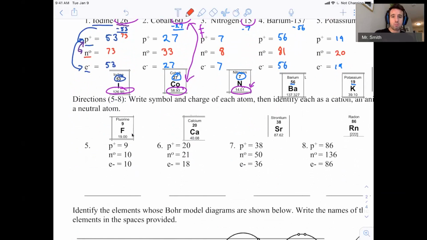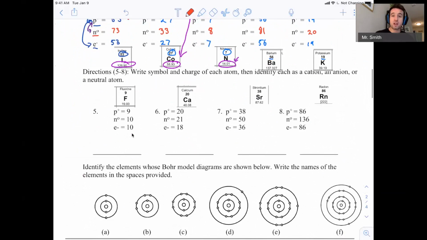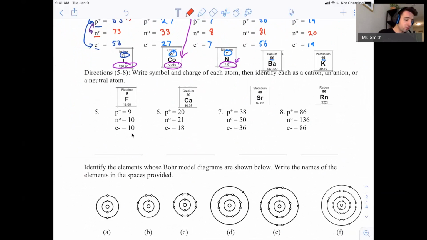Okay, moving on here. Now we're dealing with ions. One of the things you'll notice about ions is that the number of protons is not equal to the number of electrons. That's true about ions. That's not true about regular run-of-the-mill atoms. The other thing we want to know is the symbol.